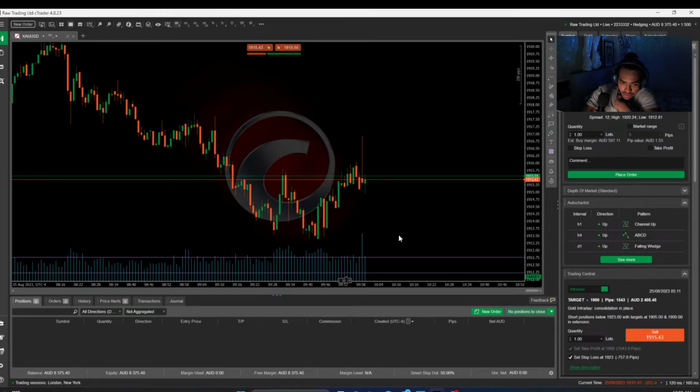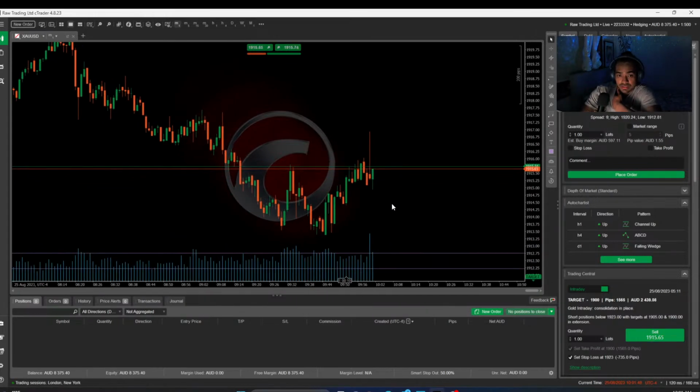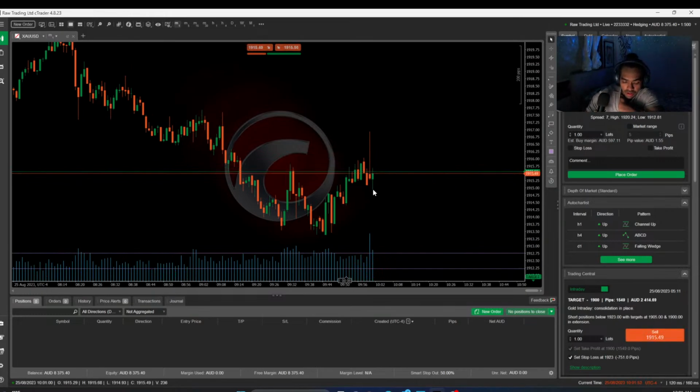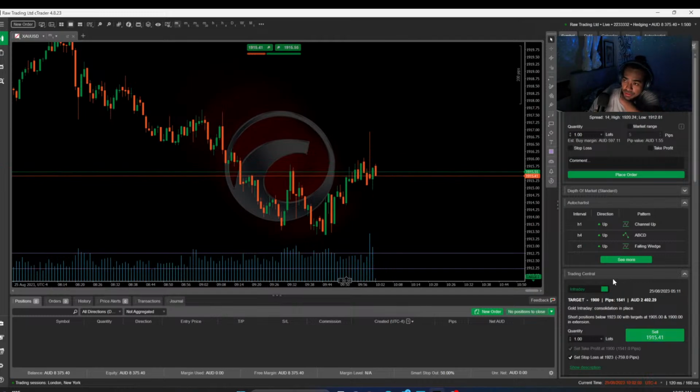I want the market to settle down and see where it's moving in the 15 to 30 minutes. During that 15 to 30 minutes, the market settles down, absorbs the news and decides where to move: either it's going to go up, go down, or go sideways. So that's what I'm going to do now as well.